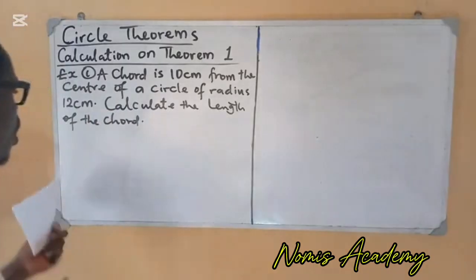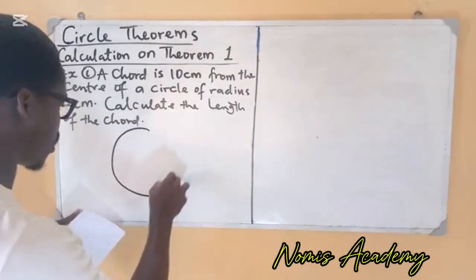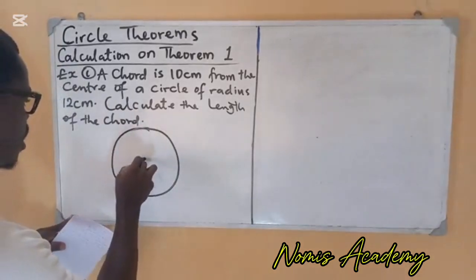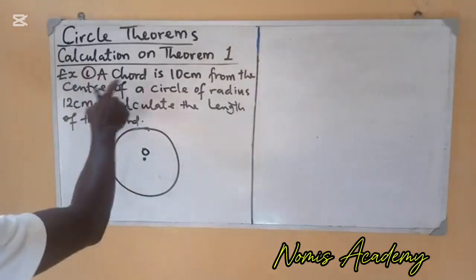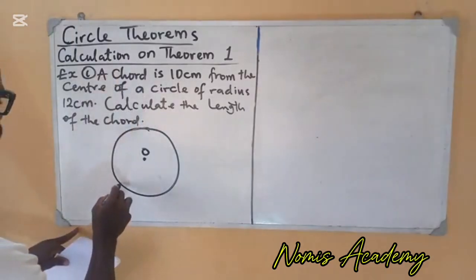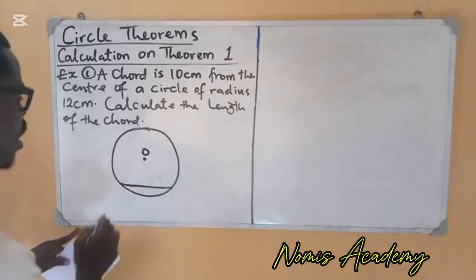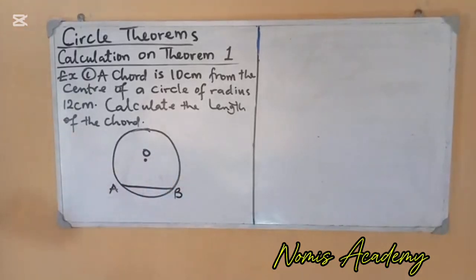So let's draw a circle. We have a circle like this. This is the circle and this is the center of the circle, and we call the center O. Now the question says a chord is 10 centimeters. A chord is a line that touches 2 points on the circumference of the circle. So we call it chord AB.